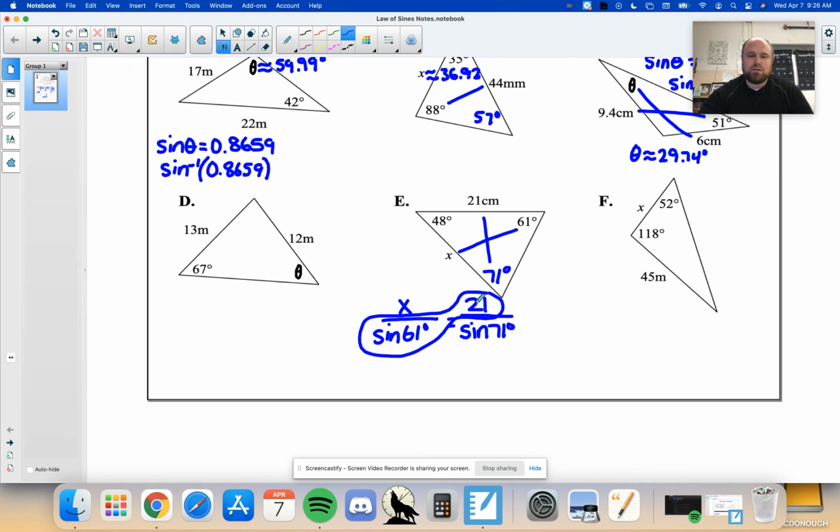And now I'm going to divide by this extra piece of information. So I'm going to divide that by the sine of 71. And because we're looking for a side length, there's no need to take an inverse, and this should give me my x value. X is approximately 19.425, so we'll say 19.43.